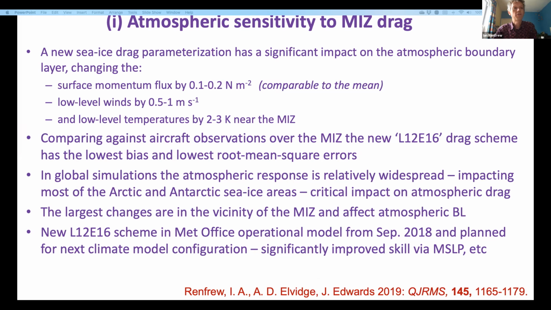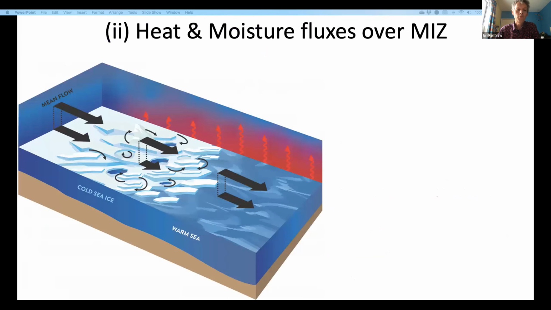So that's part one, which is looking at atmosphere surface drag or momentum fluxes. But I was also asked to talk a little bit about heat and moisture fluxes, and this is more recent work. I've got a nice sketch here of what's going on. Again, this is the marginal ice zone.